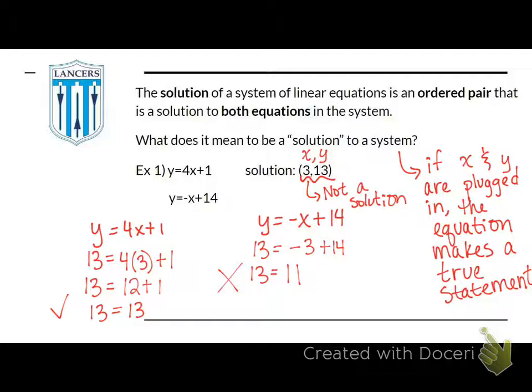It worked in one of them, but if it's going to be a solution, it's got to work in both of them. Questions, concerns? Need more time? Okay.